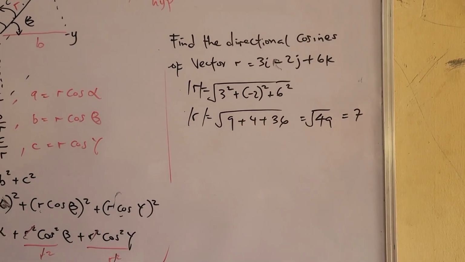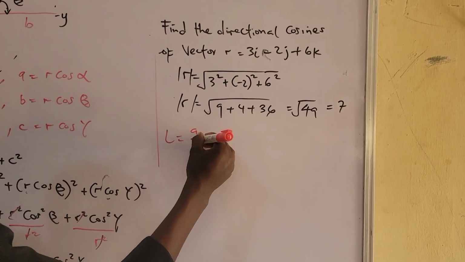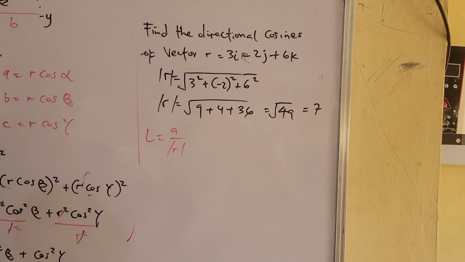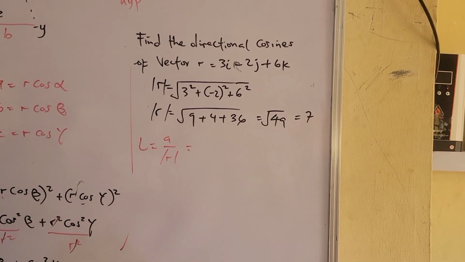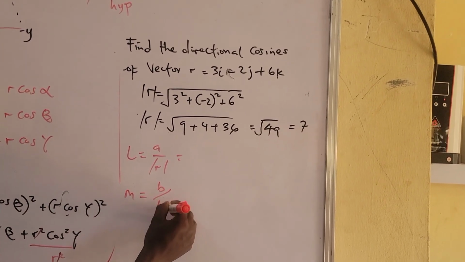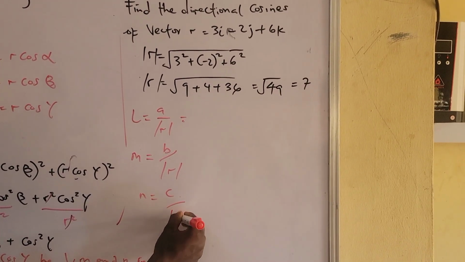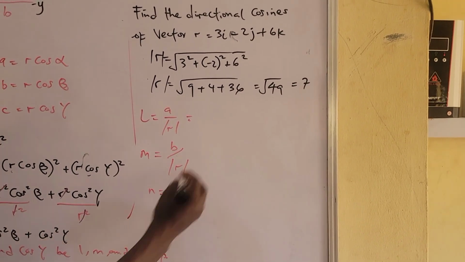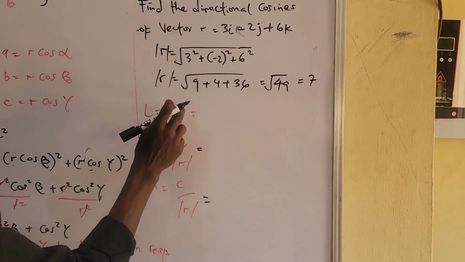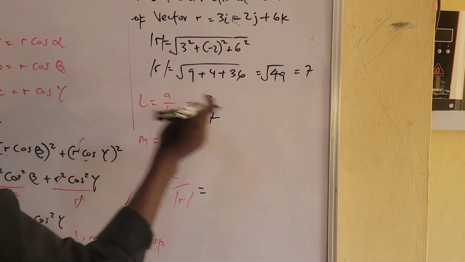So we will now bring out the directional cosine variables. Our l is a over the magnitude of r, m is b over the magnitude of r, and n is c over the magnitude of r. So what's our a? Our a is 3, so 3 over 7 for l.